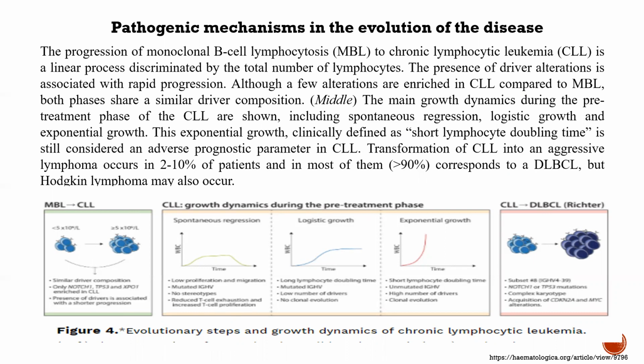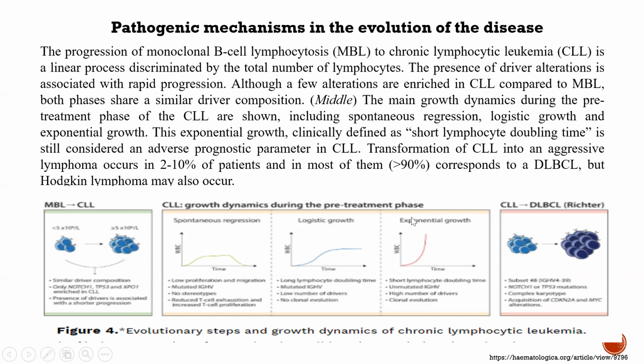The main growth dynamics during the treatment phase of leukemia are shown, including spontaneous regression, logistic growth, and exponential growth. So it starts from spontaneous regression through logistic growth to exponential growth.